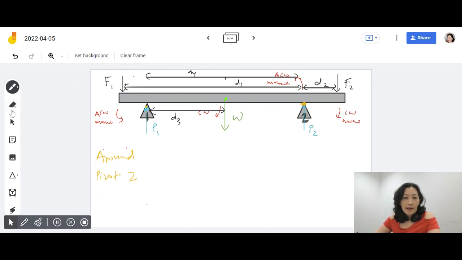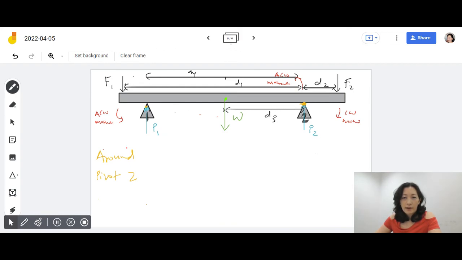Then you see F1 is going here, still going anti-clockwise moment. Okay, but then for the weight line now, we are not measuring from P1 now. You need to measure the weight line from P2. So this is the distance for the weight.